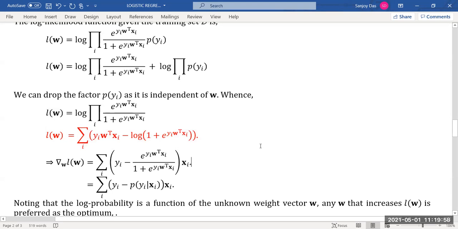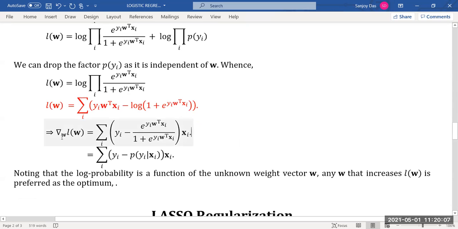Since we are eventually going to use a gradient-based approach to find the optimal value of W, we need its gradient. So differentiating with respect to W, we get this first term is simply yi xi, I've taken xi common, and the derivative of the second term is this times xi, which is equal to, now this is actually the probability of yi given xi.